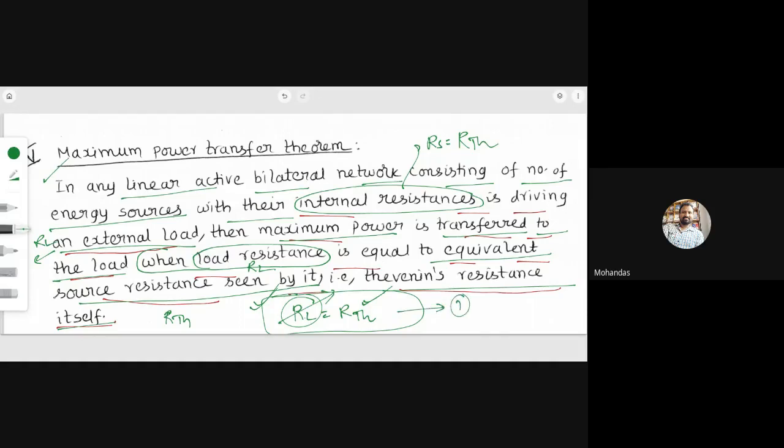Then if you substitute RL equal to R Thevenin, we get the maximum power, V Thevenin square by 4 into R Thevenin. These two formulas you have to remember to calculate the maximum power and the condition for it.